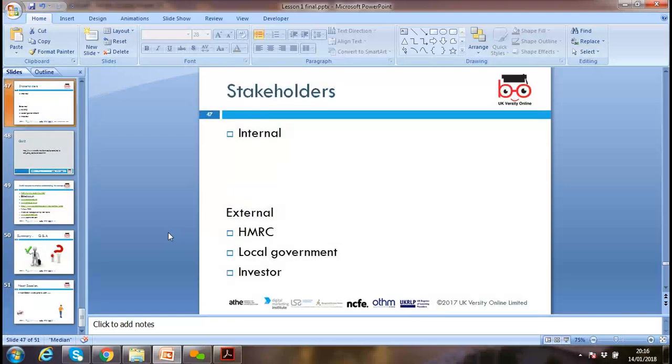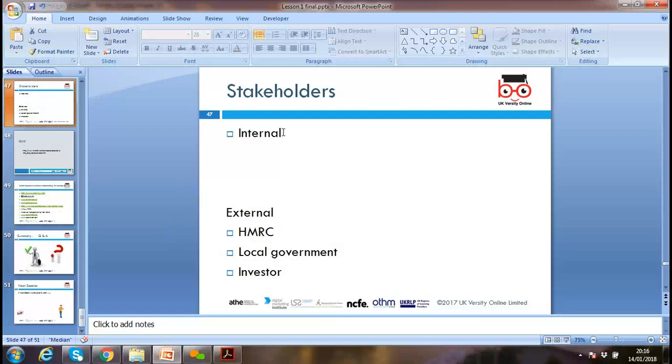Okay. Then we have stakeholders. What is meant by stakeholders? Anybody heard of stakeholders? Yeah. There are different types of stakeholders. You've got shareholders, customers, staff. Okay, well done.